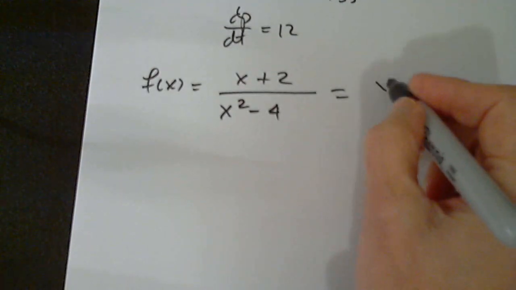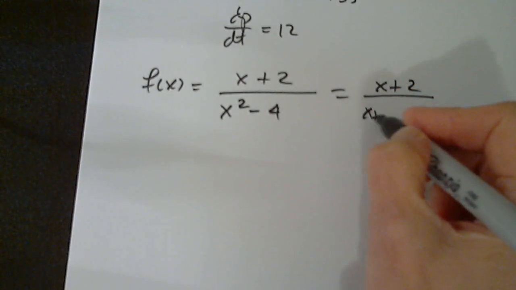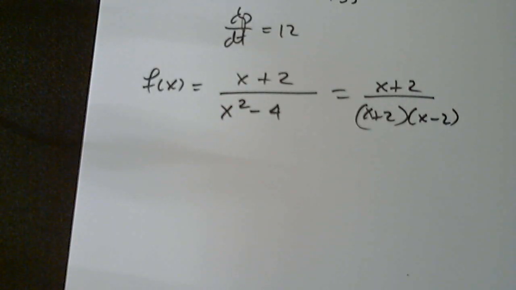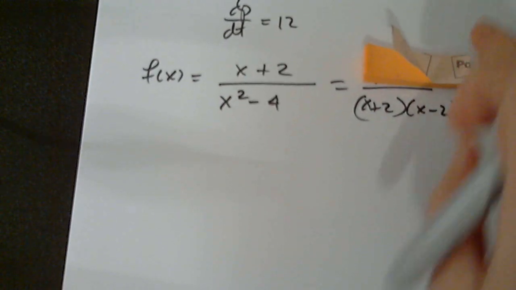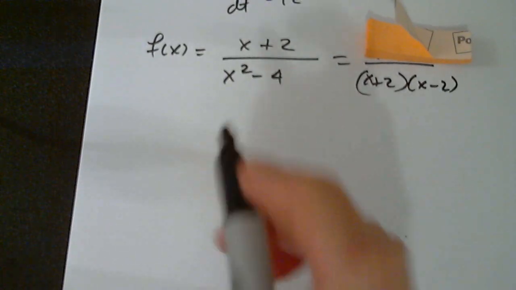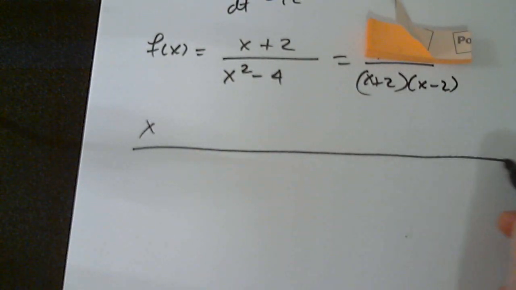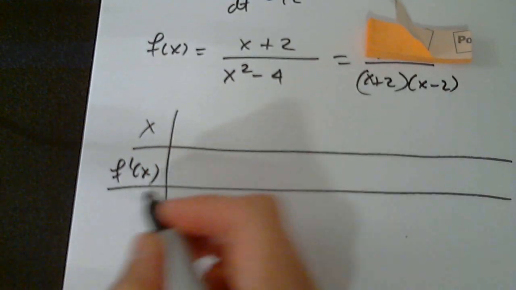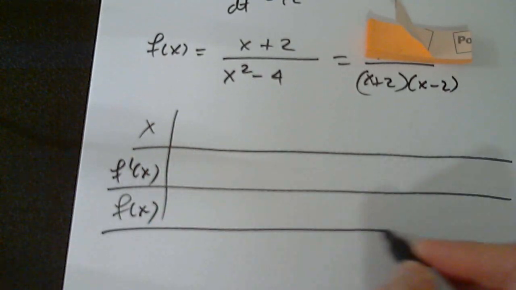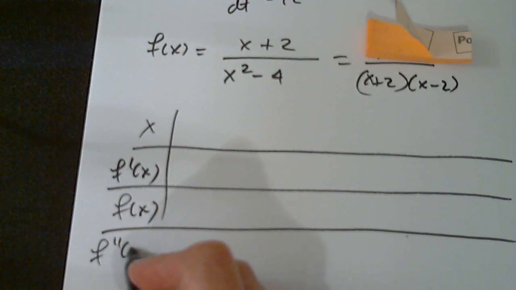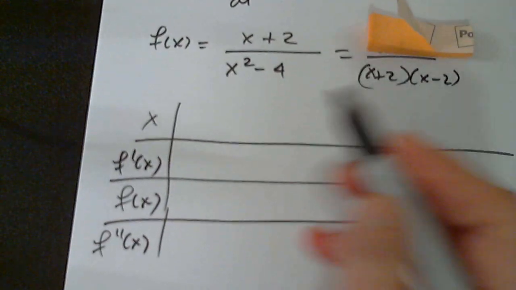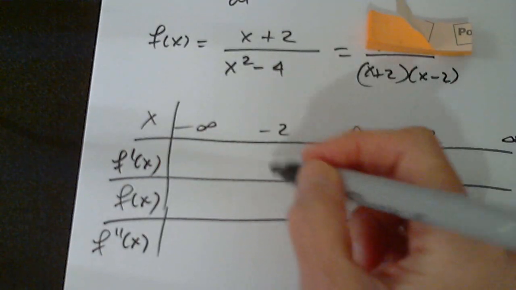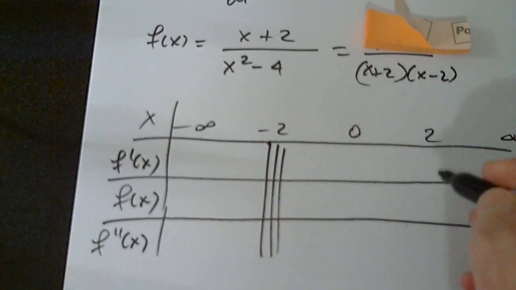Of course, the first thing I do, I factor. Do not simplify, even if you can, before you get the problem started. Identify the fact that negative 2 and 2, the function is undefined.